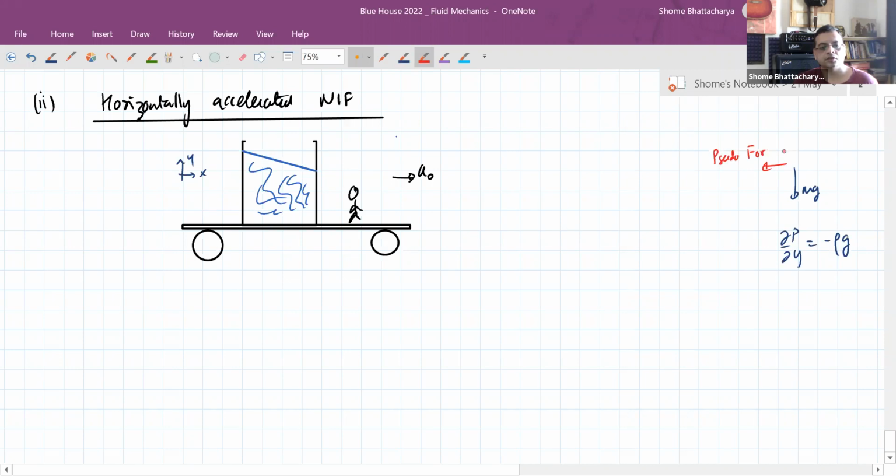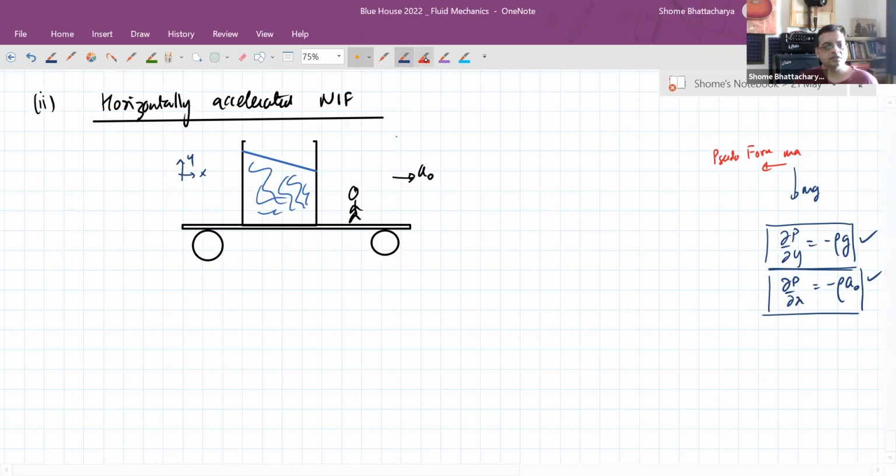So pressure gradient, we always partially differentiate. That's why we use the partial derivative, no? Because it can be a function of two things, you know. Yes, sir. So this is the result that we'll get, and this is the easy way to remember the result also. However, now we'll look at the derivation of this also.